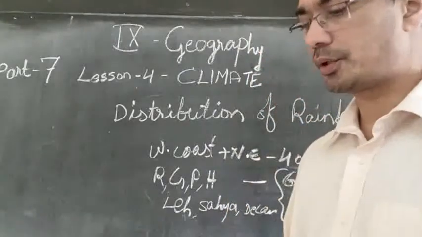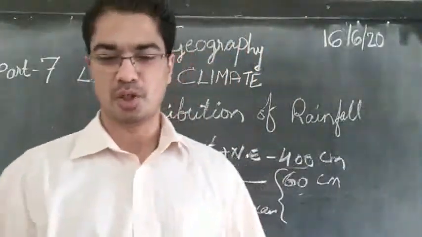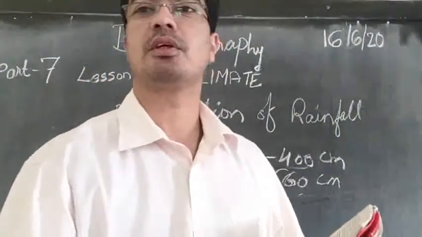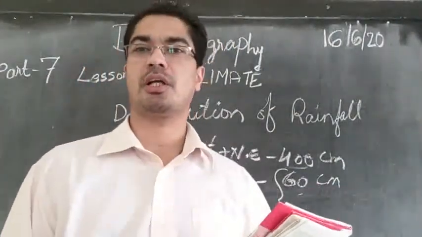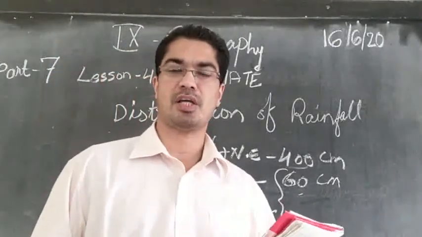Now let us see about the monsoon as a unifying bond. So we said monsoon is creating a lot of problems in our country. At the same time, it is also functioning as a unifying bond.